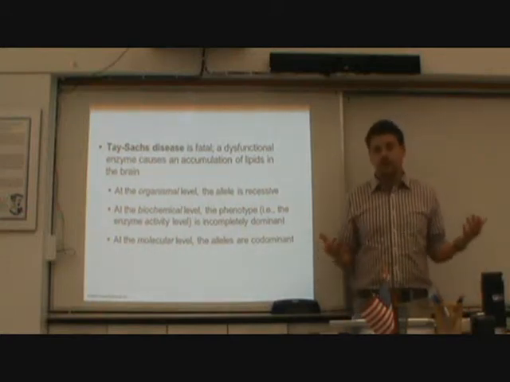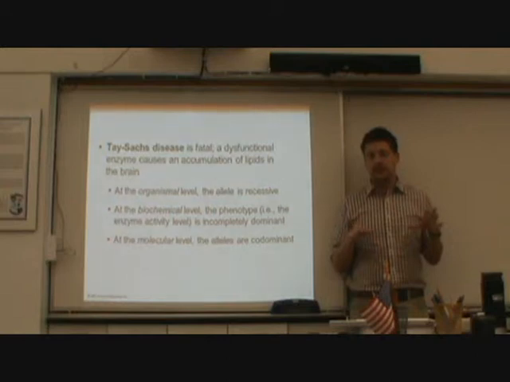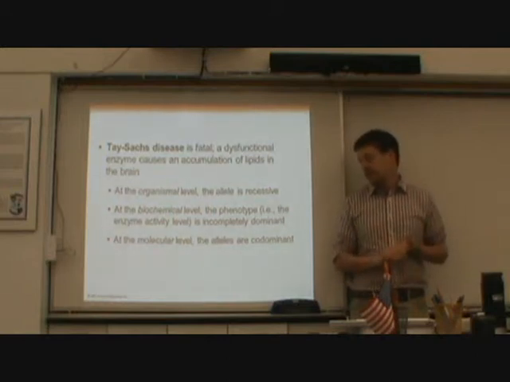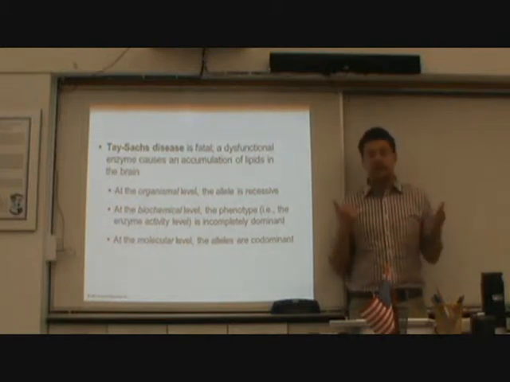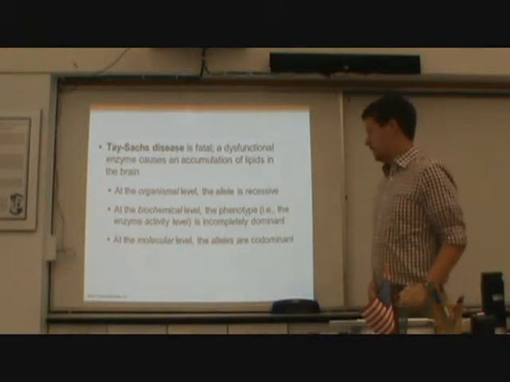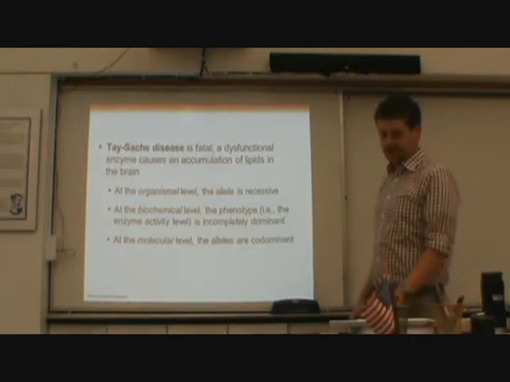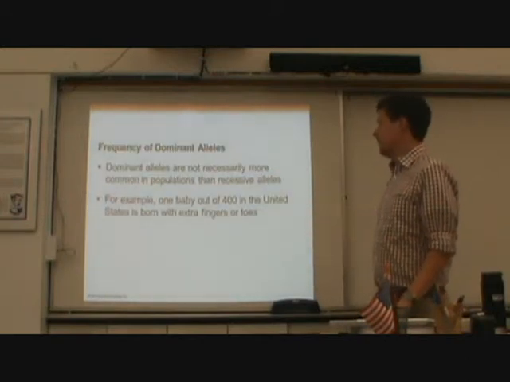So they're producing functional and dysfunctional enzymes. So both of those traits are being displayed, and if you look closely enough, you would say that looks like a codominant relationship between those two alleles. So it depends on which level you look at. All right.